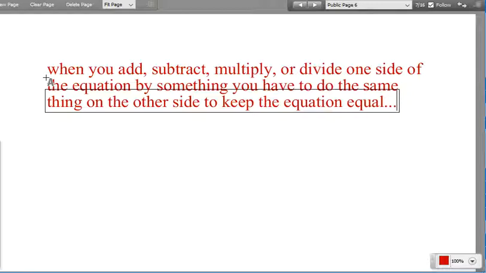Okay, so everyone needs to have this in your notes. When you add, subtract, multiply, or divide one side of the equation by something, you have to do the same thing on the other side to keep it equal.